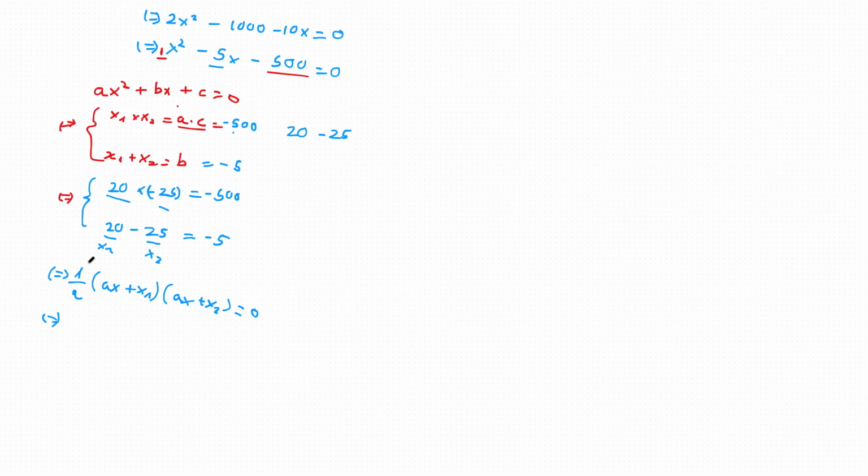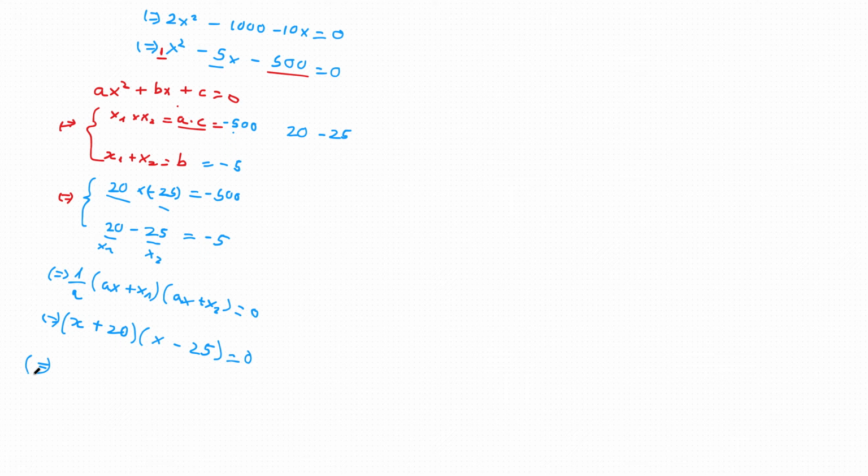We already know a is 1, so we don't have to write it. So that's (x plus 20) times (x minus 25).